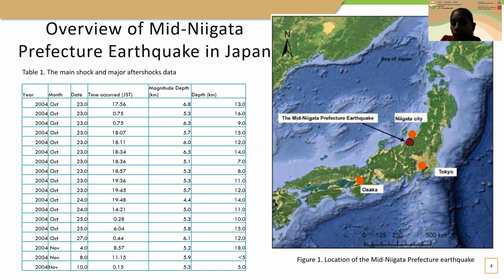So I think you can imagine how it damaged the epicentral area by looking at this earthquake sequence. And you can see in figure 1, I have captured here the location of the epicenter.